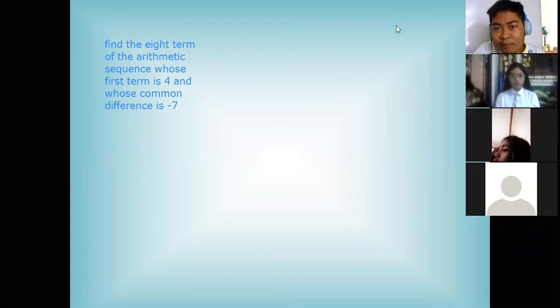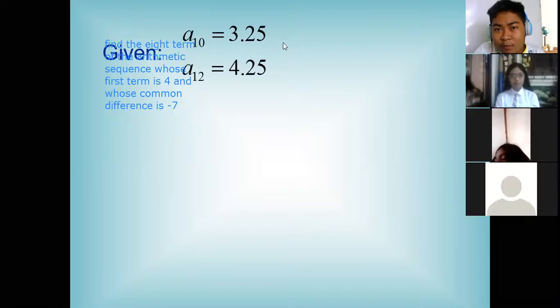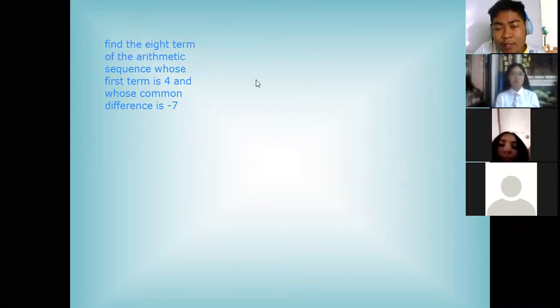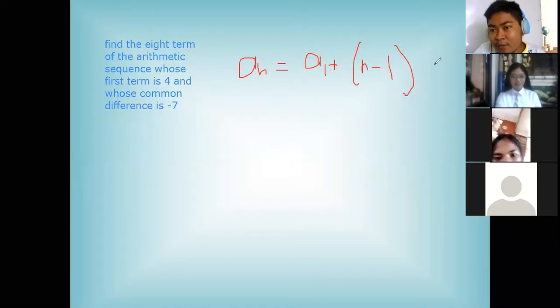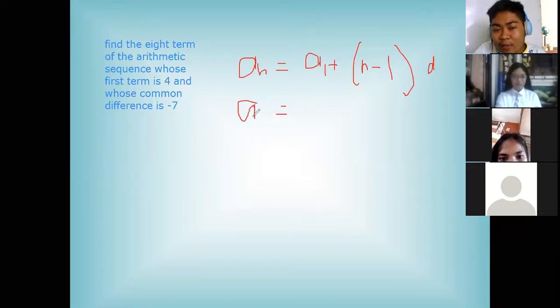We have here a_n is equal to a_1, which is the first term, plus (n minus 1) times the common difference, di ba? Ang a_n natin ay unknown pa.